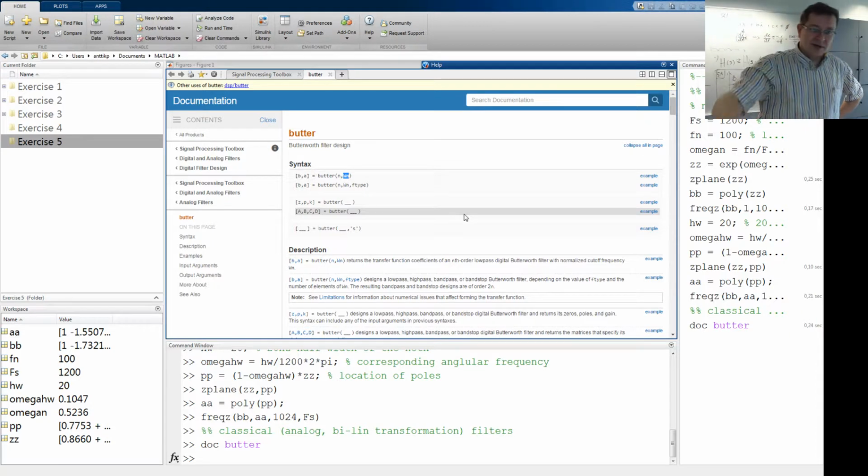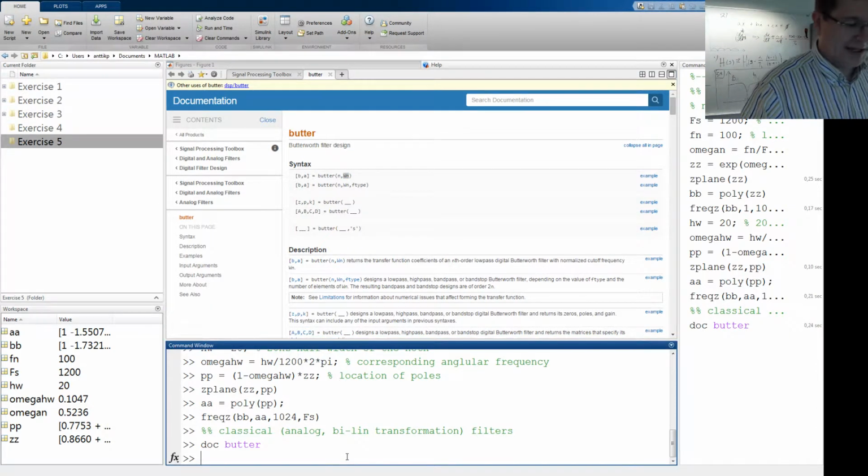Okay, I'll give you an example. So let's see, [b,a] = butter. Order number, for example, fourth order.